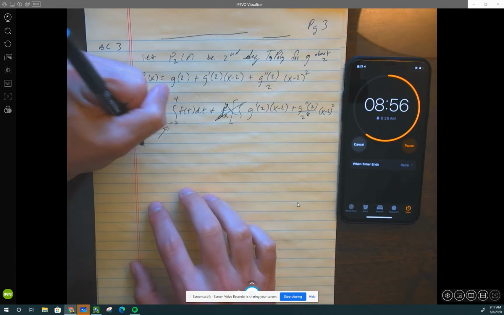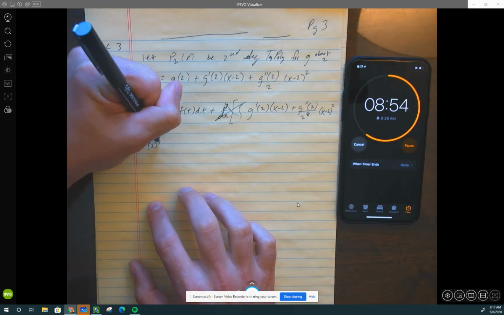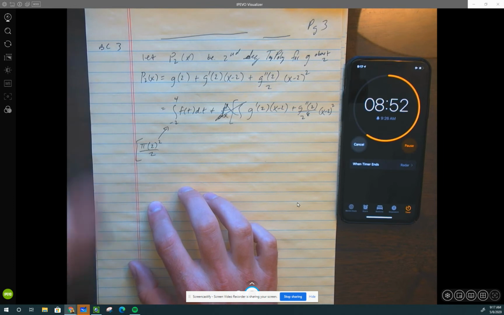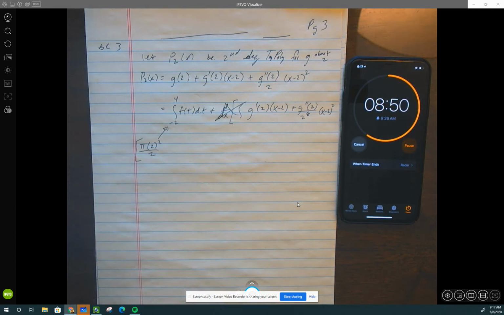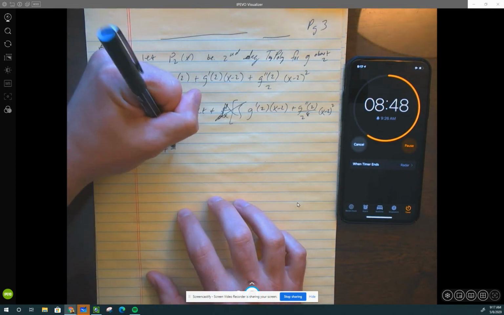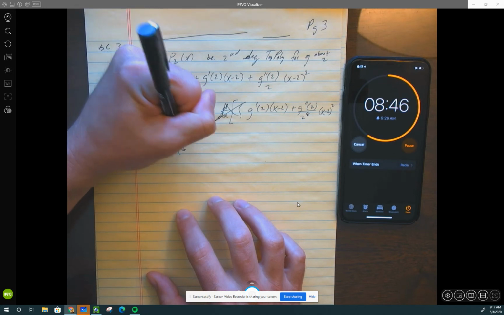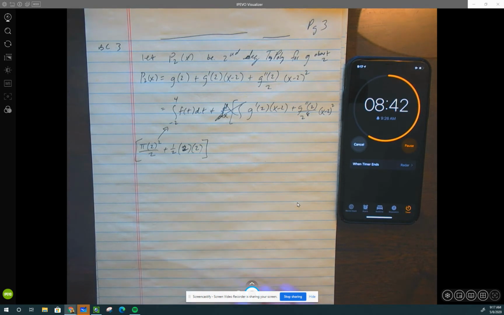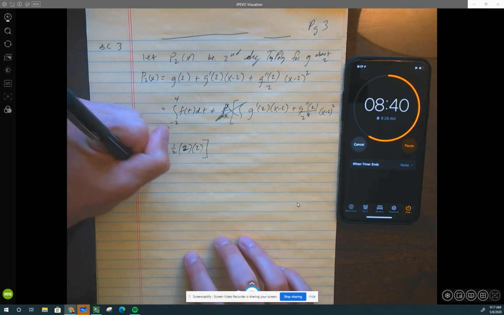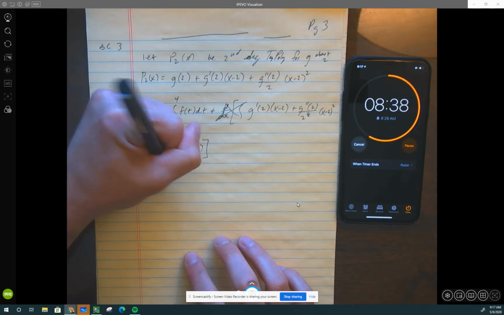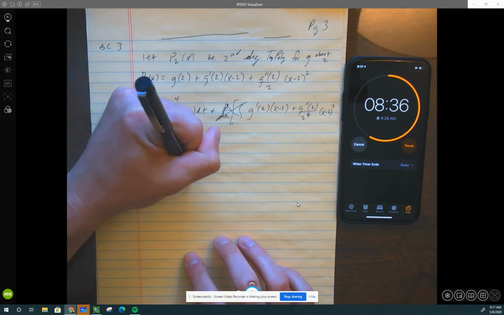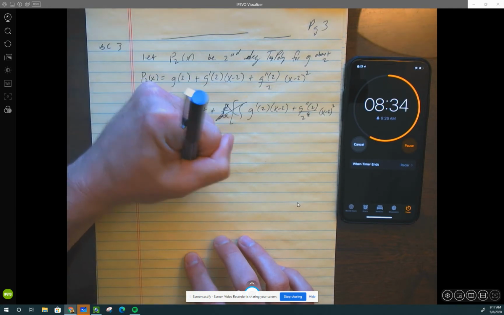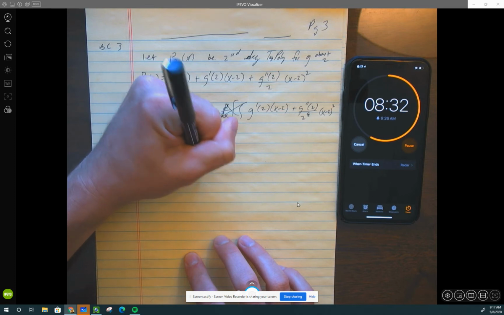That's going to be the area of the semicircle, pi r squared, half of that, plus 1/2 base times height. Got it? Okay, I need G prime of x. G prime of x is equal to the derivative with respect to x of the integral from -2 to x squared of f of t dt.